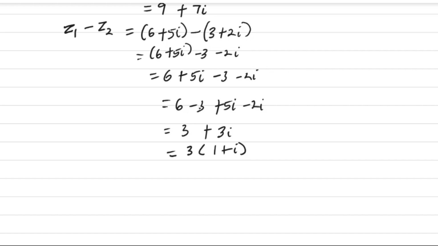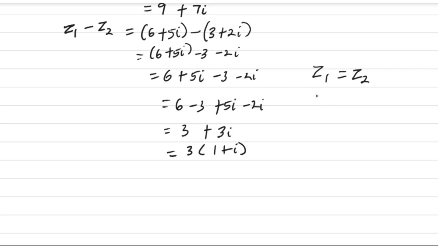The last thing that I said I will discuss is the equality of complex numbers. For two complex numbers to be equal, for Z1 to be equal to Z2, the real part in Z1 must be equal to the real part in Z2, while the imaginary part in Z1 must be equal to the imaginary part in Z2.